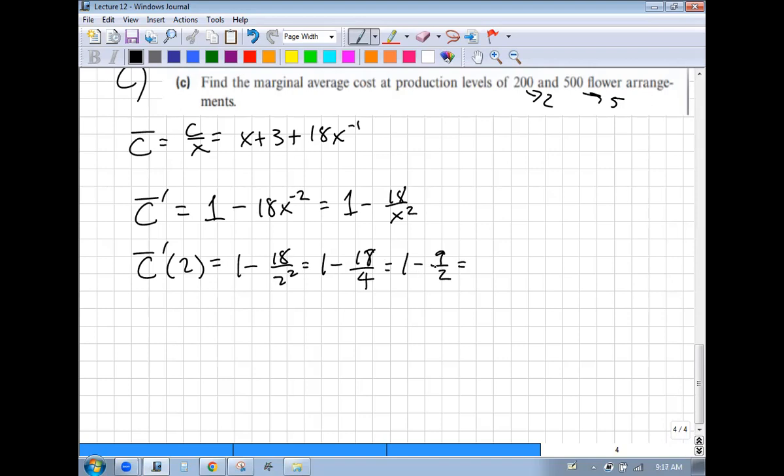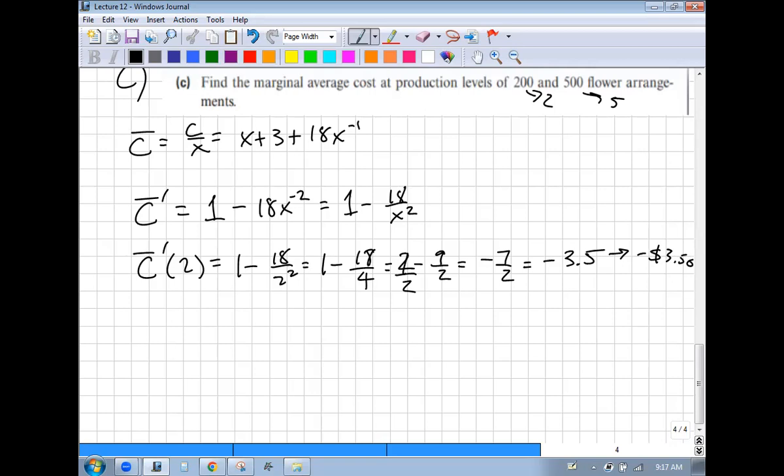So what is this? This 1 is 2 halves, right? So this is negative 7 halves, or negative 3.5. Okay. So remember the C bar, this had the hundreds over hundreds, right? So we don't need to change this. This is really negative $3.50.